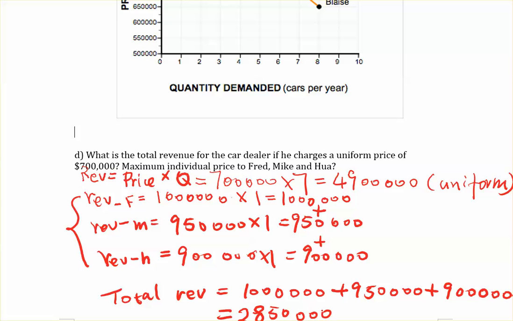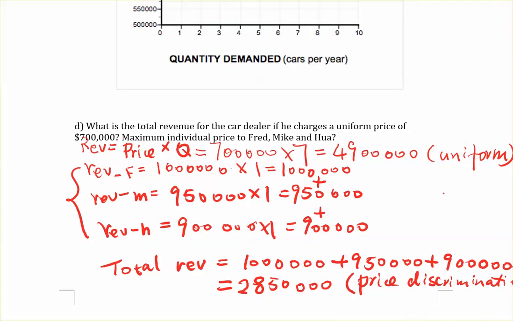By just selling to these 3 people, you can find that they already earned a lot of revenue. So this is price discrimination. By working on this question, you will know why different firms or dealers want to use price discrimination if they can, because it can maximize their profits.